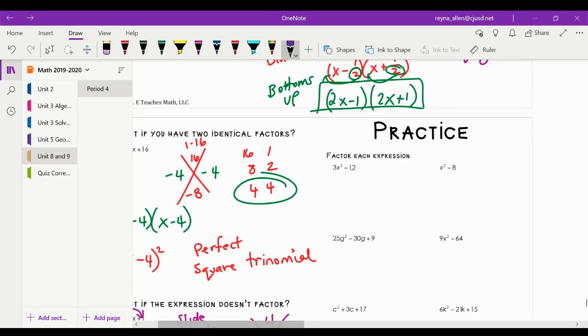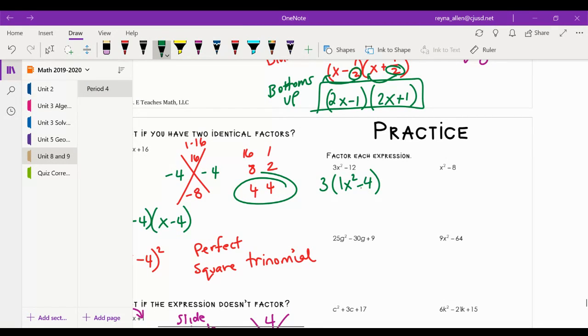Okay, so this first one, we have a number that can be taken out. What is my greatest common factor? Good, 3, so let's factor out a 3. That becomes 1x squared. 12 divided by 3 is 4.